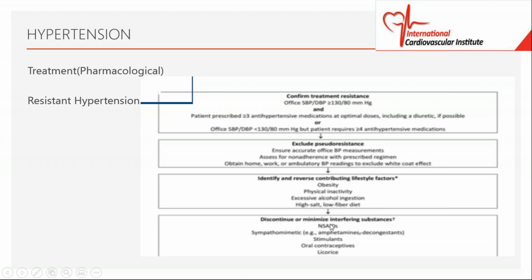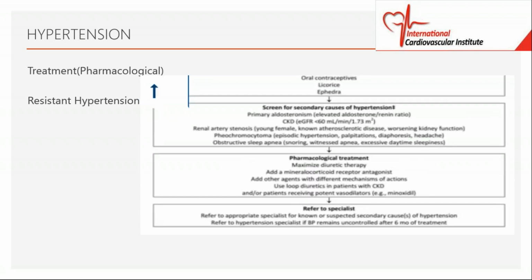The patient may be taking non-steroidals, amphetamines, decongestants. So in these patients, you have to sit down and do a detailed history. And then if you do all of that and you don't come up with anything reasonable, then you can look for your secondary hypertension.